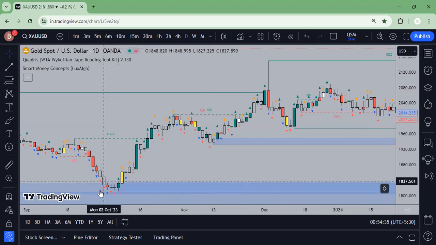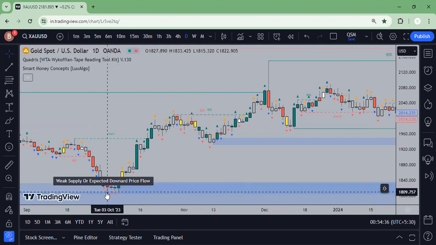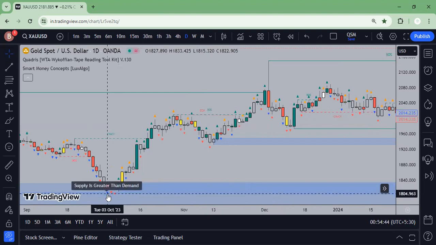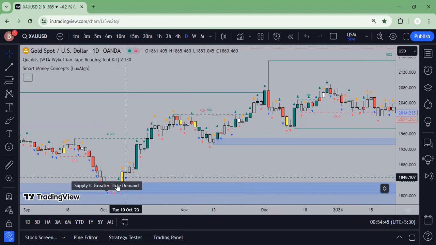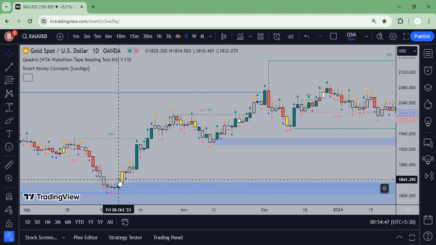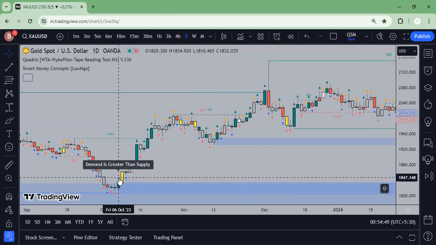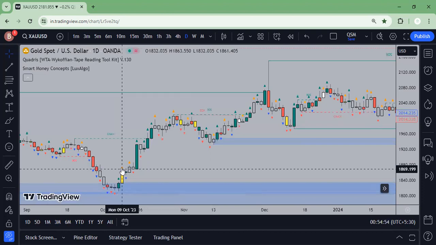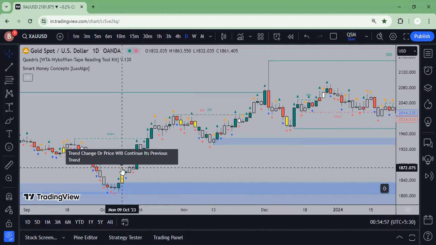And after this strong supply is greater than demand, you see a demand greater than supply kind of bar. And after that, you see a trend change or price will continue its previous trend.